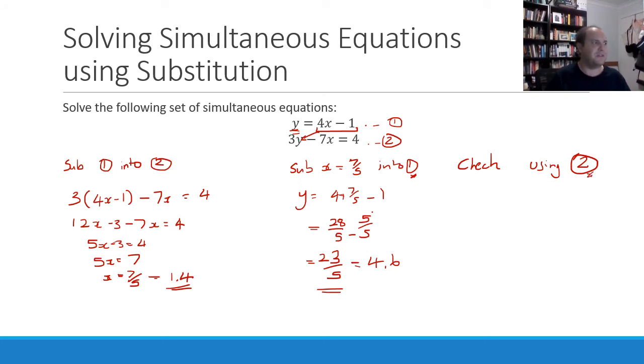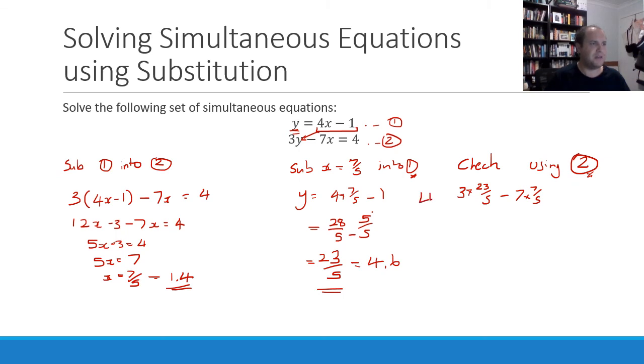So subbing those values in, we've got 3 times our y value, which is 23 on 5, minus 7 times 7 on 5.